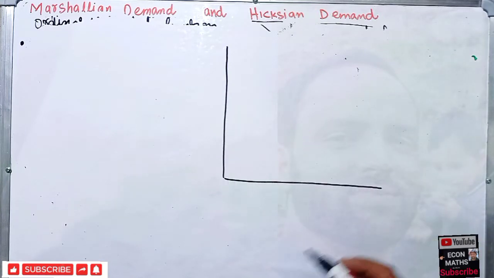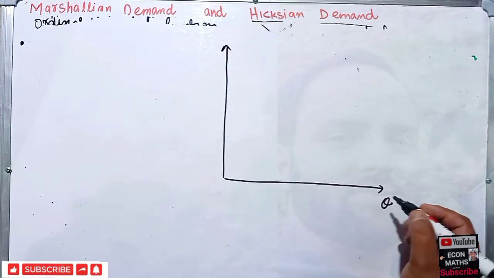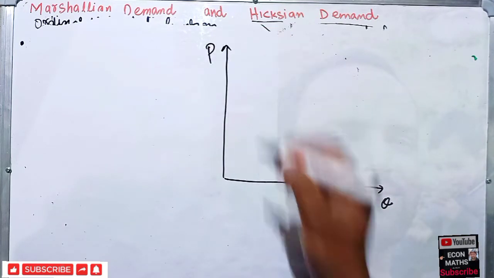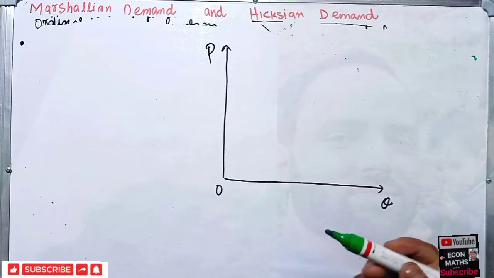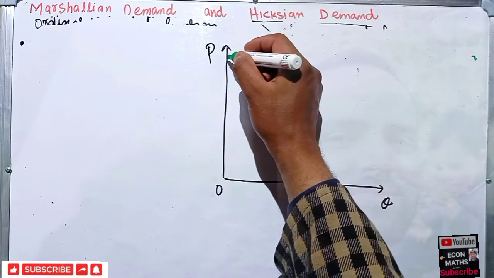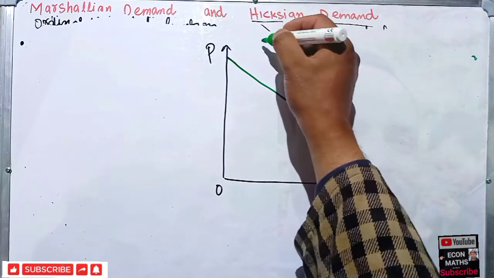Let us say we have quantity demanded on this axis and price of the good on this axis. This is O. Now I will draw two demand curves.